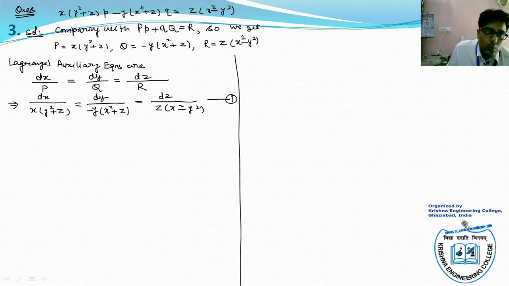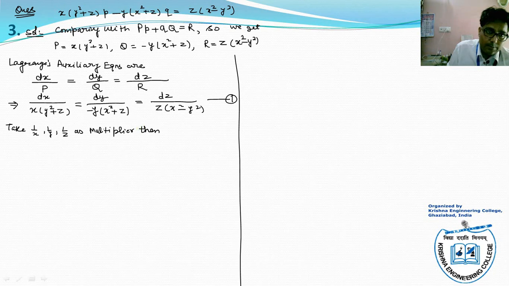So first of all we choose the multipliers. Take 1 upon x, 1 upon y, 1 upon z as multipliers.